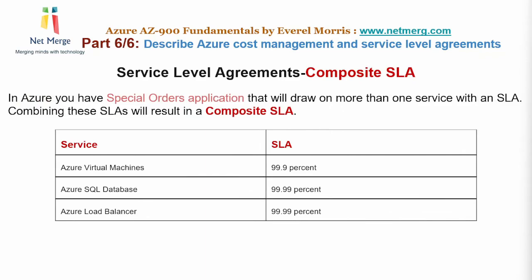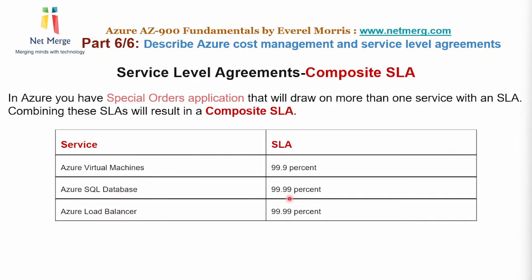Now in Azure, you have special applications that will draw on more than one service with an SLA, and that's what we refer to as a composite SLA, a combination of more than one SLA. So let's use the same example we used when we did the pricing calculator, where we were using two virtual machines, an SQL database, and a load balancer.